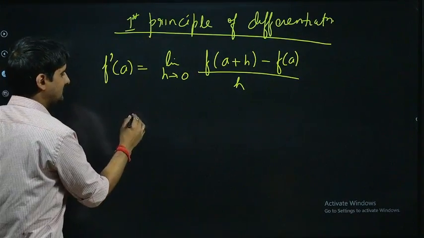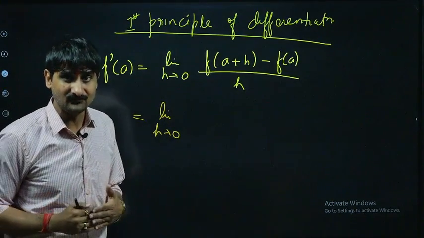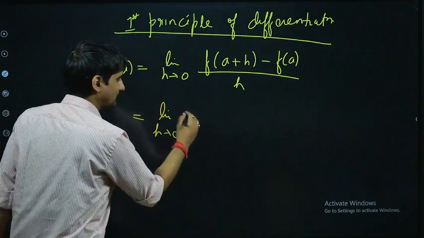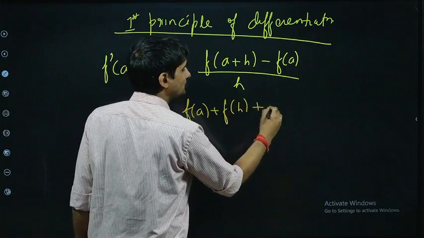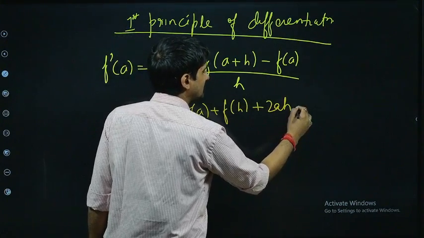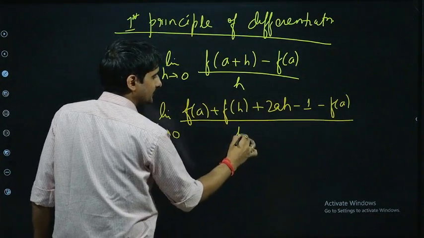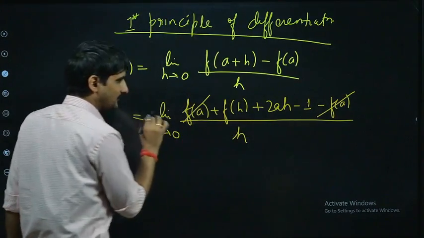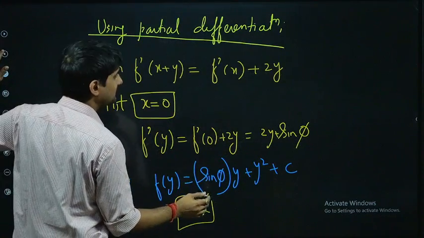Now use that relation, so we will get limit h tends to 0, x is a, y is h. So it's f of a plus f of h plus 2ah minus 1 minus f of a, by h. So here f of a is gone. Now, one interesting thing is we already know that f of 0 was 1.